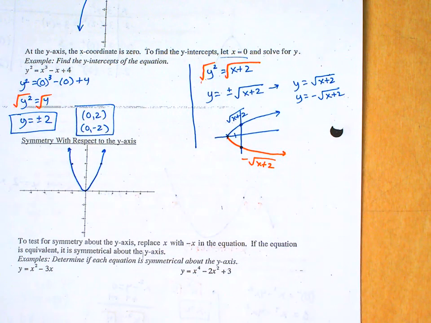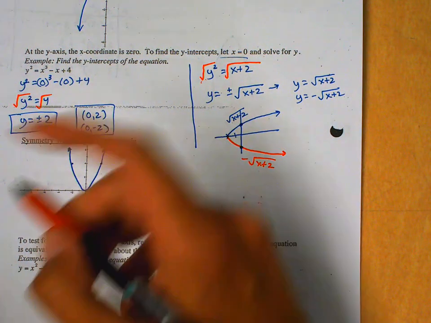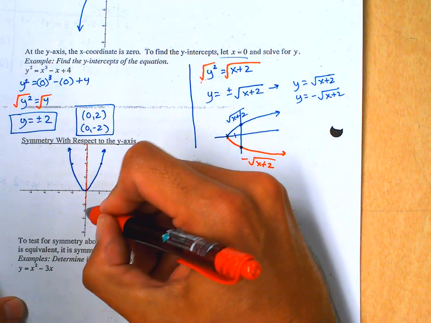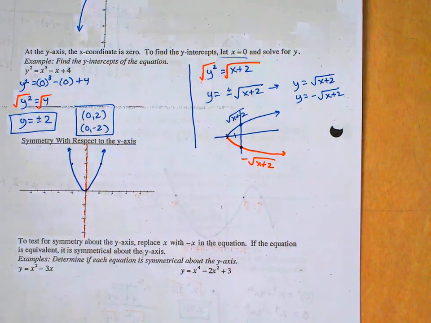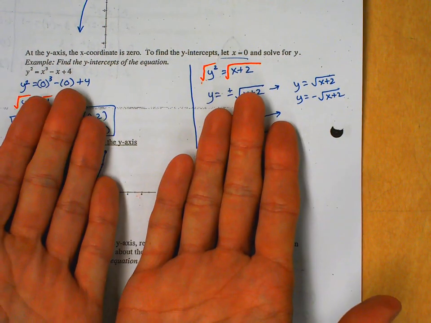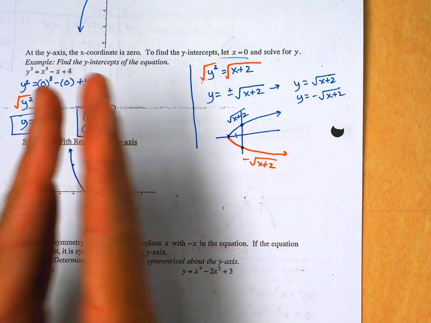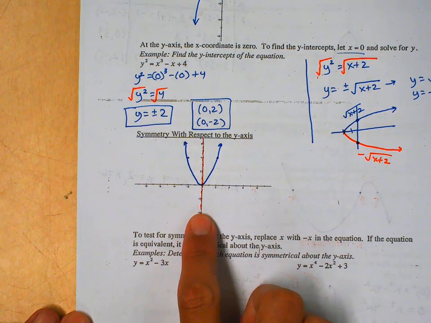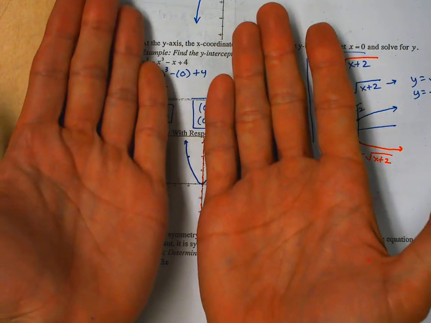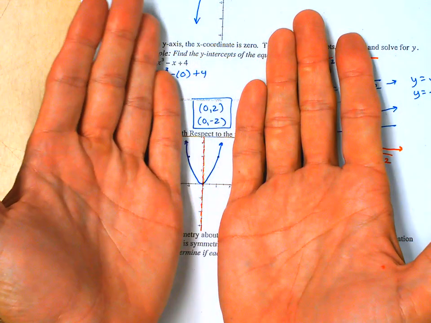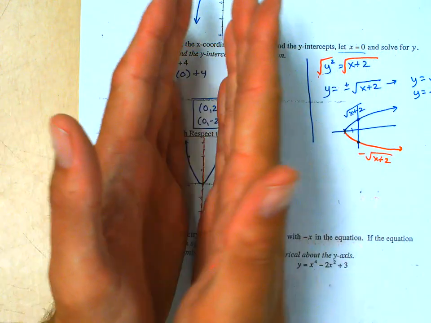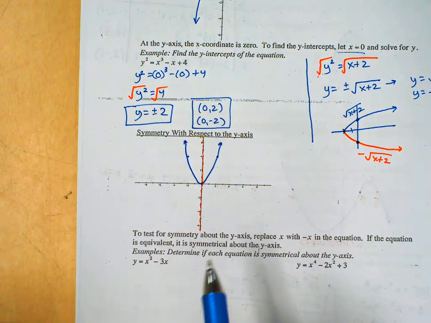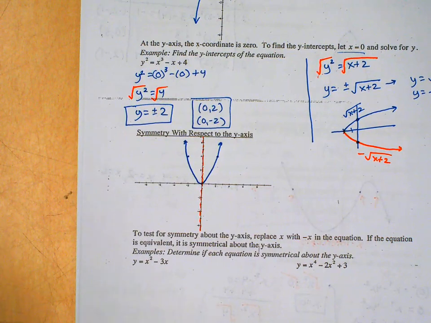I just drew a parabola here, and you'll notice on the y-axis, if you drew a line right here and split that graph in half, those pieces would fold onto each other, right? If I could crease this exactly down the red line right here, they would fold right on top of each other if I just folded that paper. And so that's symmetric about the y-axis.